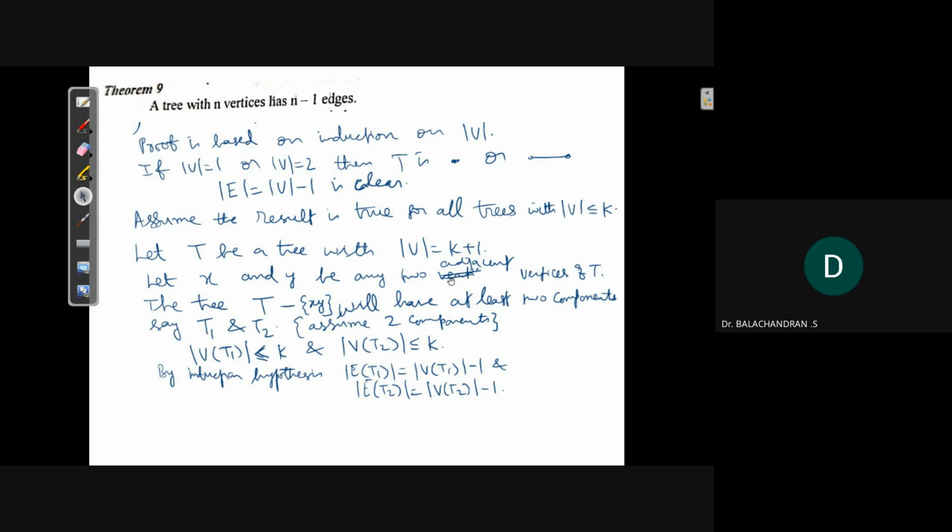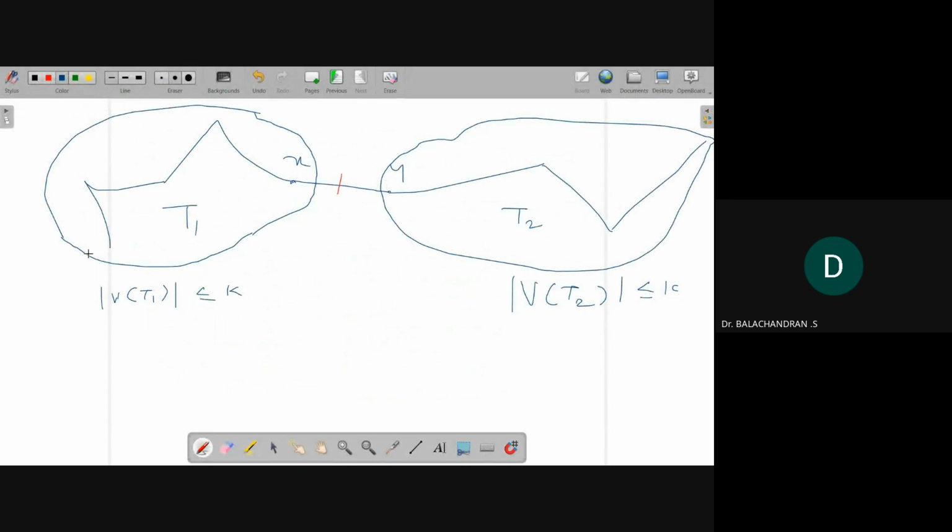Now using that idea, by the induction hypothesis, the number of edges in T1 is equal to the number of vertices in T1 minus 1. This is by mathematical induction.